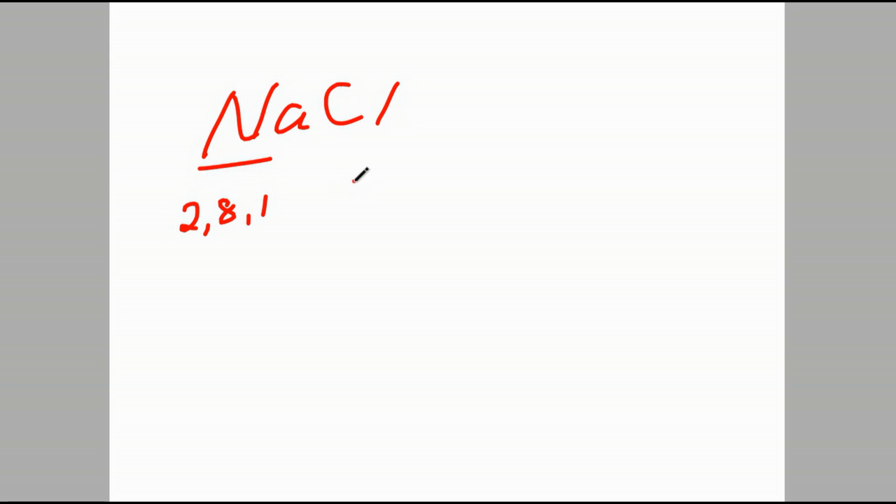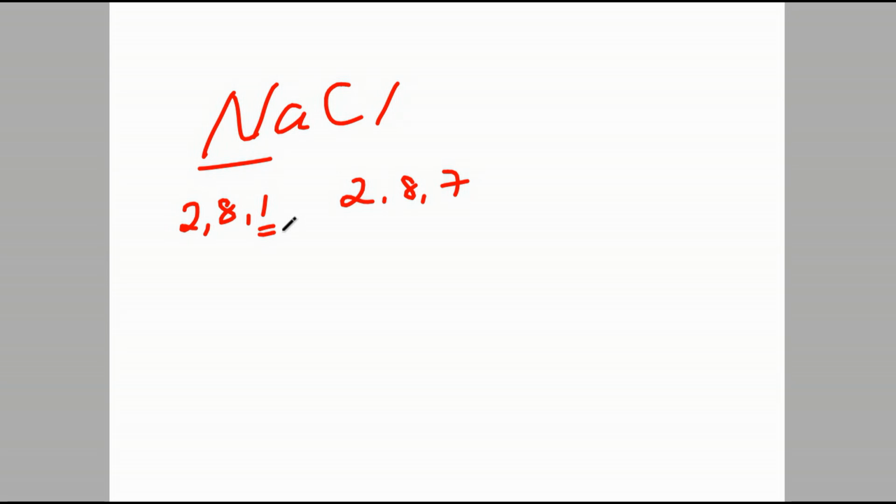For example, let's take sodium chloride. Remember from our previous lesson that the shell configuration of sodium is 2, 8, 1 and that of chlorine is 2, 8, 7, right? So for sodium to become stable, it has to lose one electron.